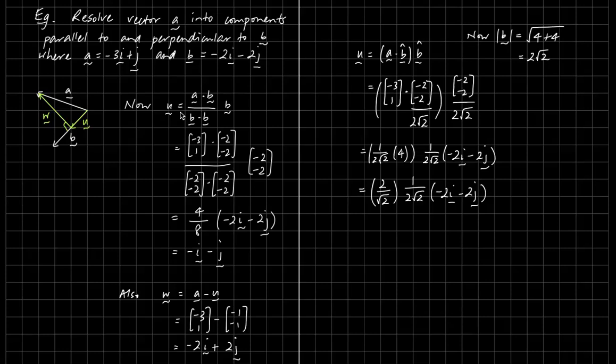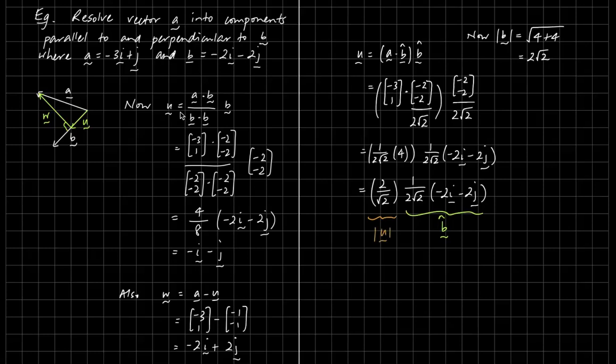Now we can definitely simplify this, but just putting it in that form, I'm trying to show you, if this here is unit vector B, in other words, a vector of magnitude 1 in the direction of B, then this other part of the expression must be the magnitude of vector u.